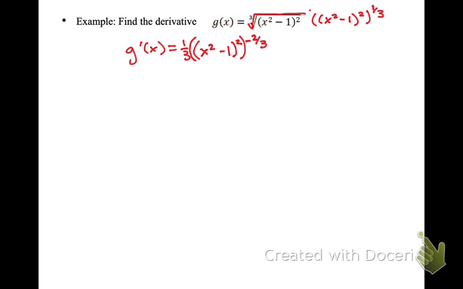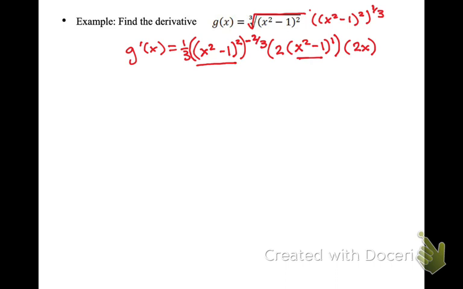Okay, so now I have to go here. So that's another one, isn't it? Yep. So that would be 2, and then the inside, x squared minus 1, and then times the derivative of the very inside right here, which would be what? 2x.